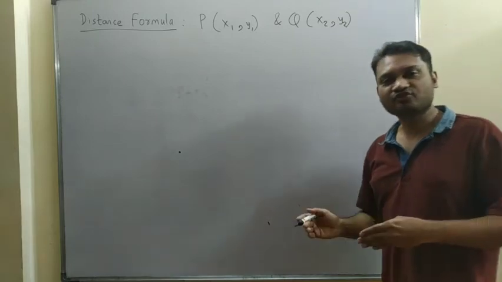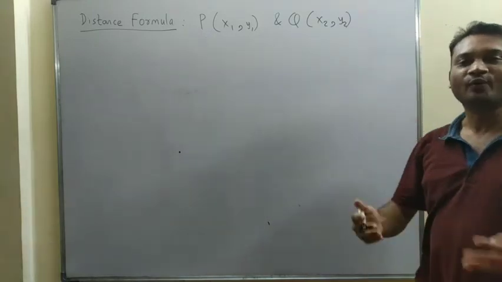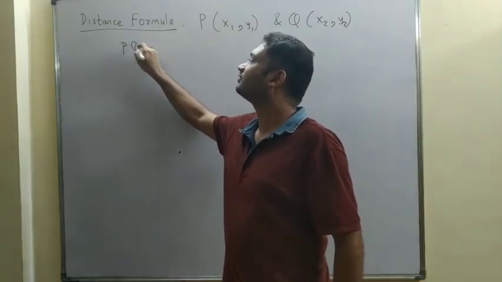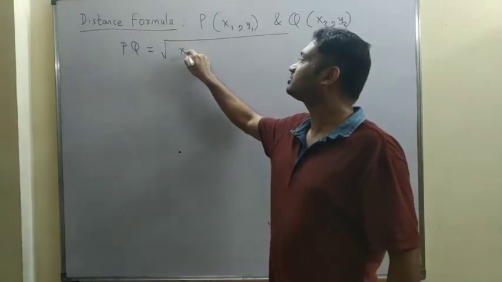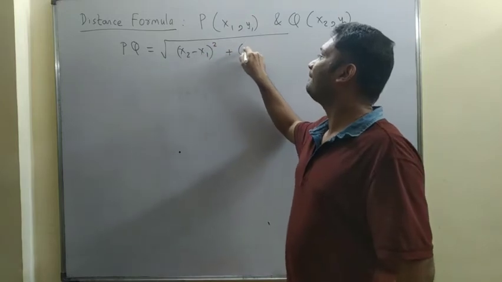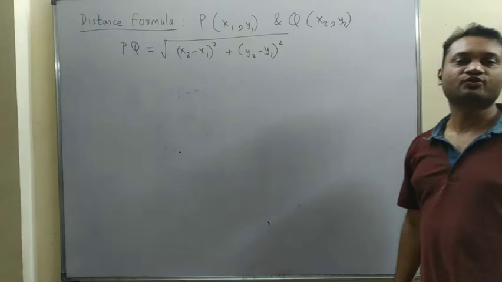Then, distance formula says that distance between P and Q is given by the formula PQ distance. This is equal to square root of x2 minus x1 the whole square plus y2 minus y1 the whole square.